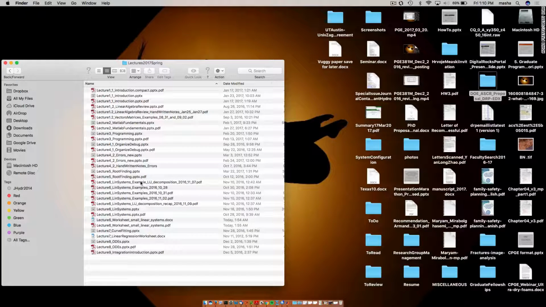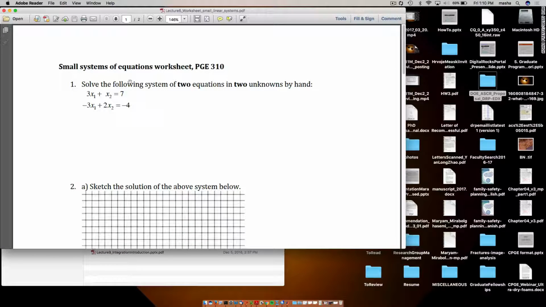Let's see, where's my worksheet? So it looks something like this. We already introduced our linear systems, so this is continuing our lecture 6 on linear systems. This should be a review of what you did before. There are two systems and two unknowns. Let's solve them by hand.